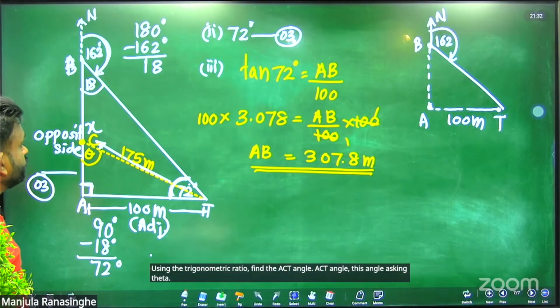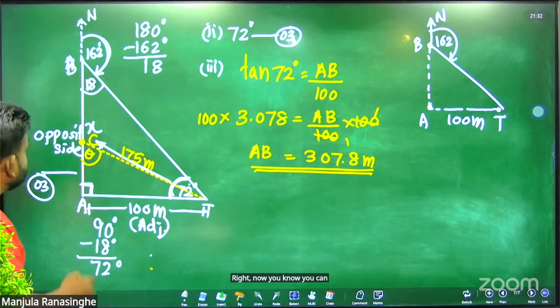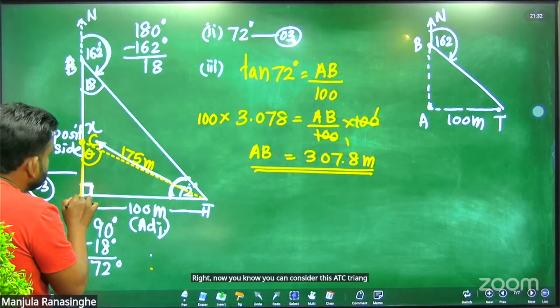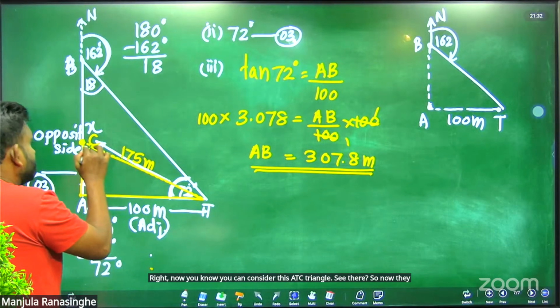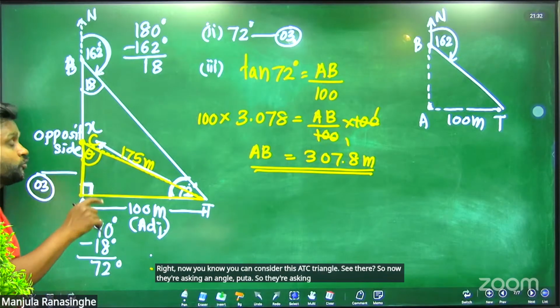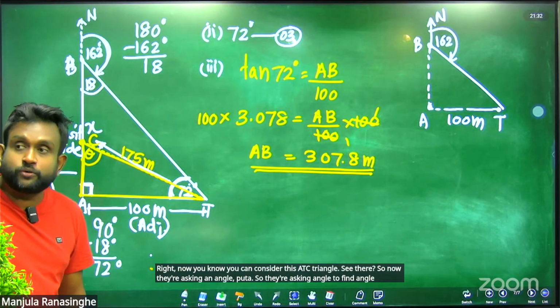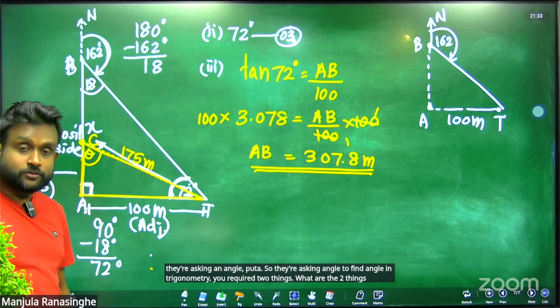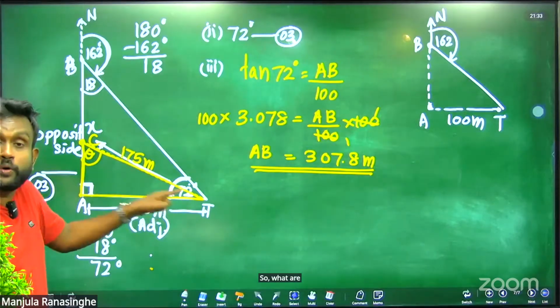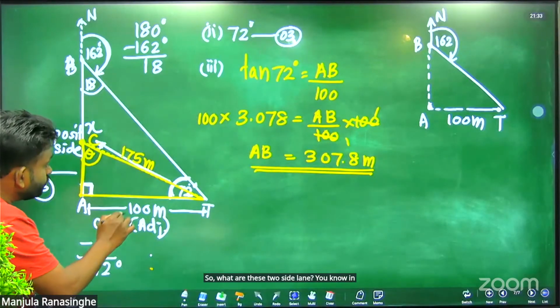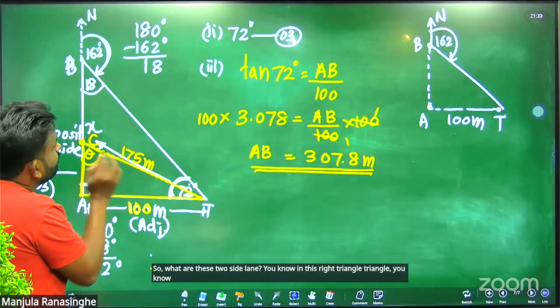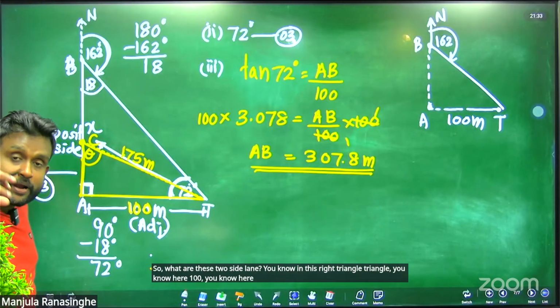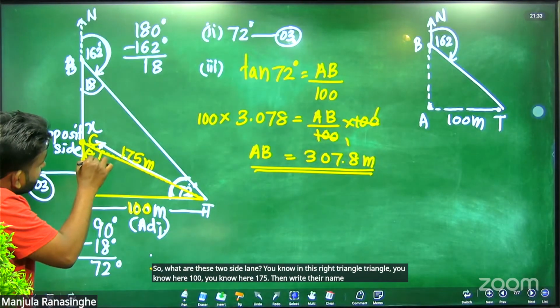Now you can consider this triangle ATC. They are asking for an angle. To find an angle in trigonometry, you require two things: two side lengths. In this right-angled triangle you know here 100 and here 175. Then write their names with respect to this angle theta.